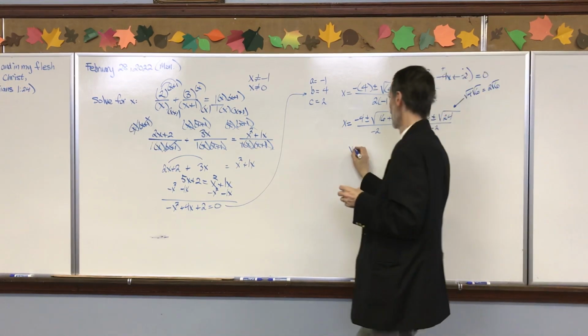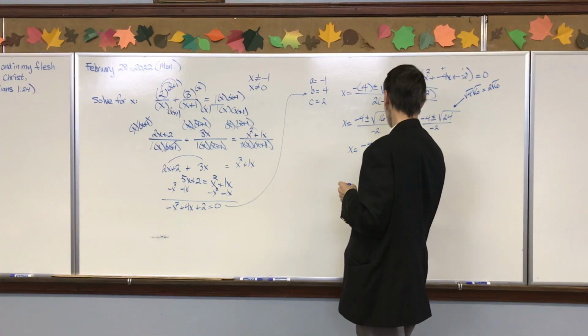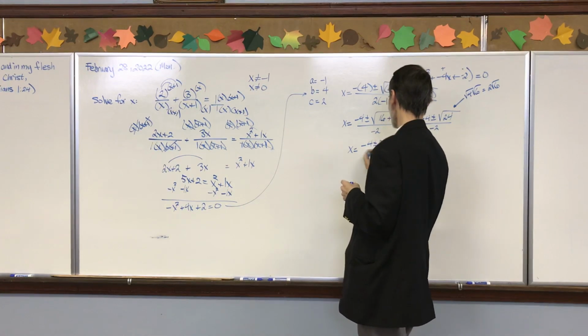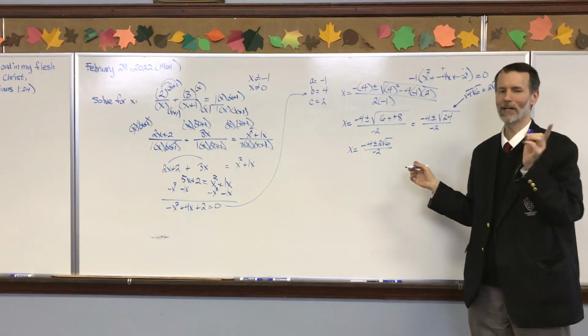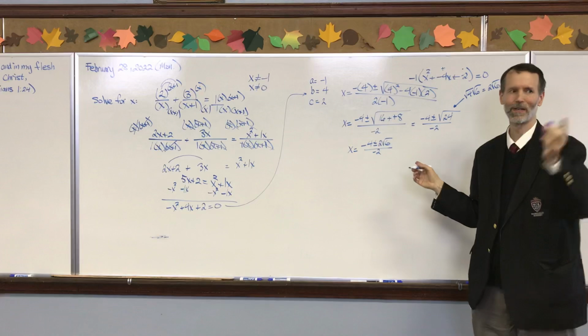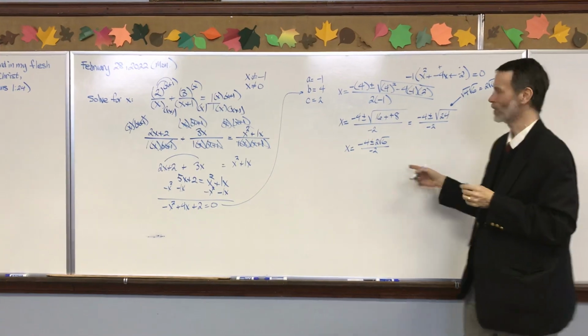Let's rewrite this. x equals negative 4 plus or minus 2 radical 6, over negative 2. How do you finish this problem? How do you simplify it completely? You could GCF it. What's the GCF on top?